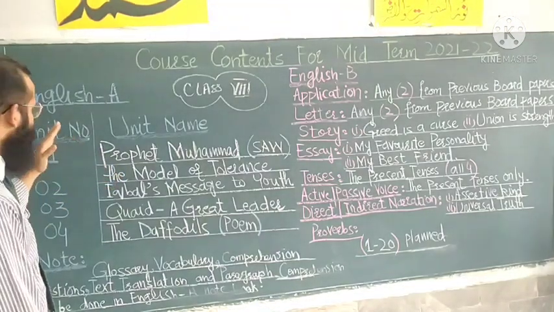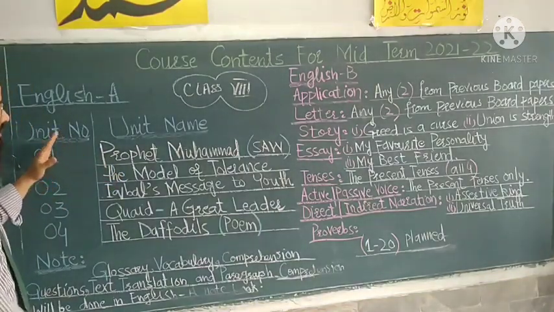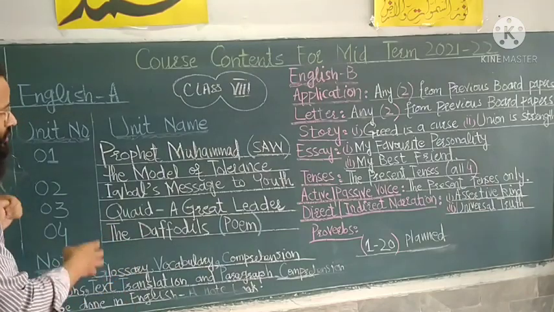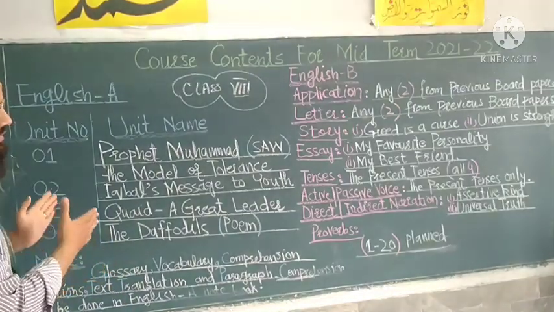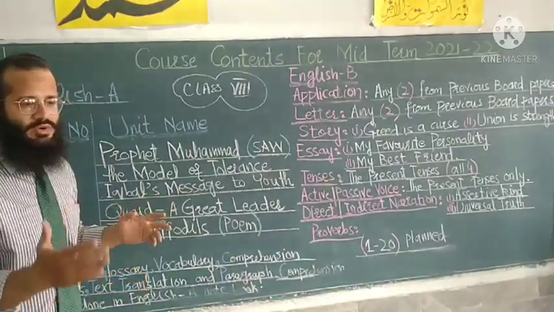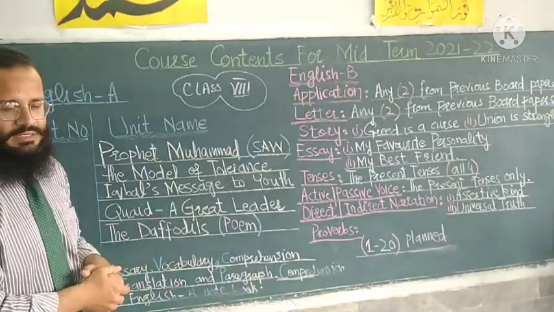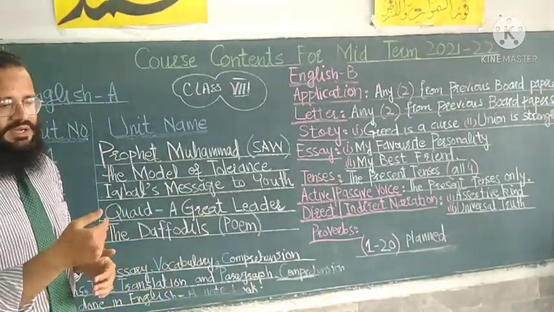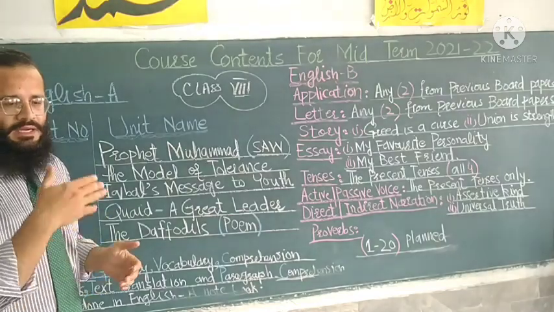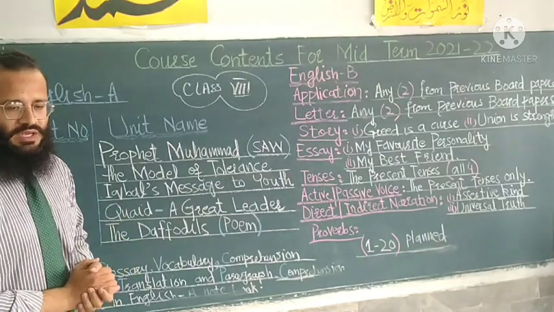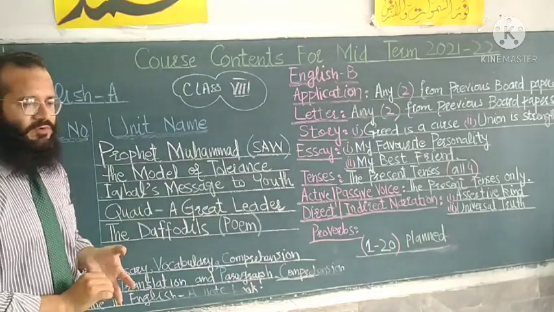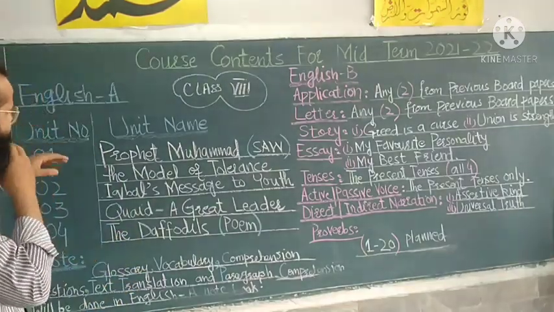Look, the way I have prepared the board, you should prepare it, each and everything in your notebook. Inshallah, I'll guide you after that how to prepare the page and write down each and everything inside the copy. But before that, let's discuss.